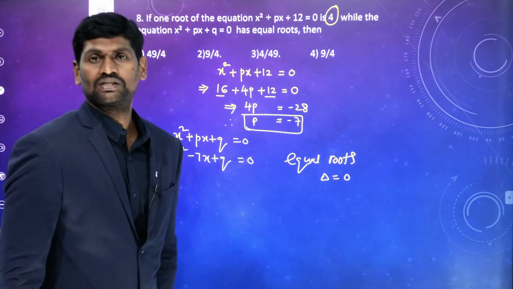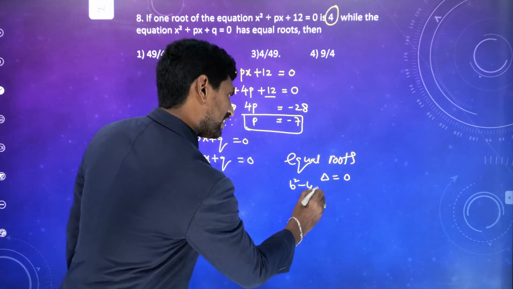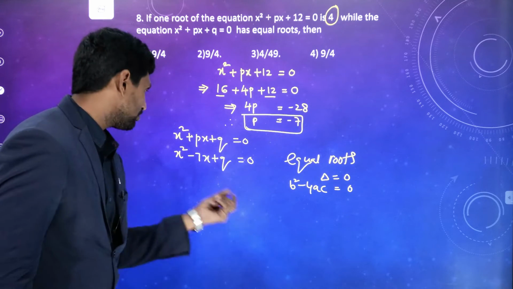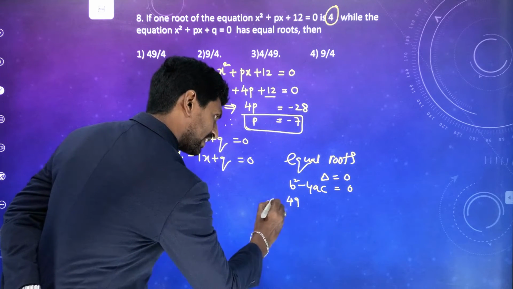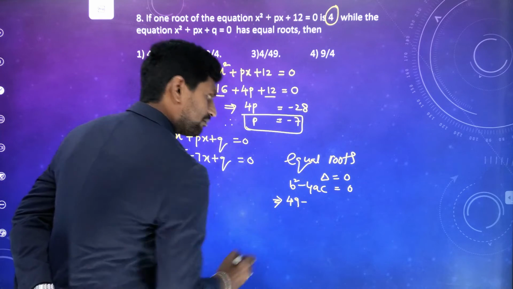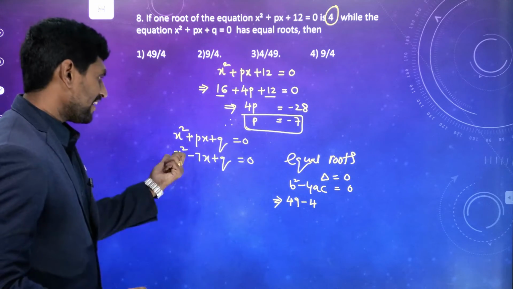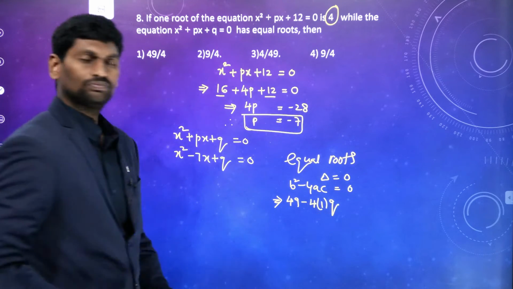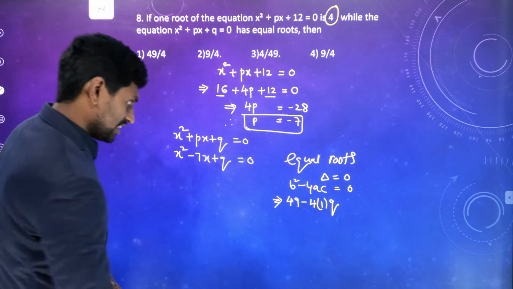Discriminant means b square minus 4ac. Now here b square minus 4ac equal to 0. From this equation what is the b value? B value is minus 7. So minus 7 whole square is 49 minus 4 into a into c. A value is 1 and c value is q, the constant term, nothing but q. That is equal to 0.